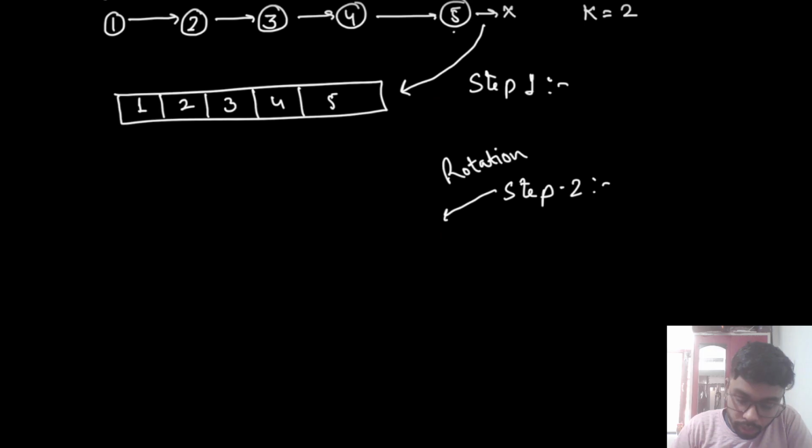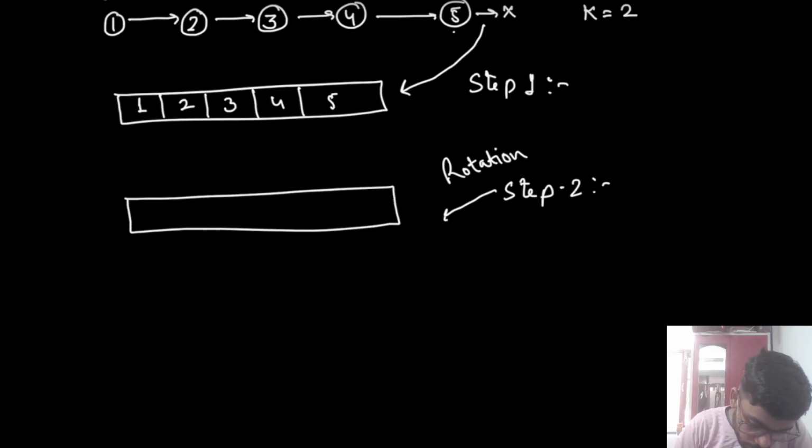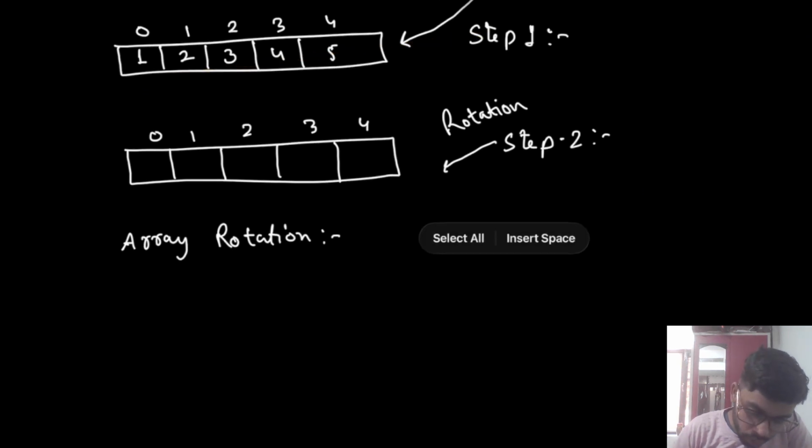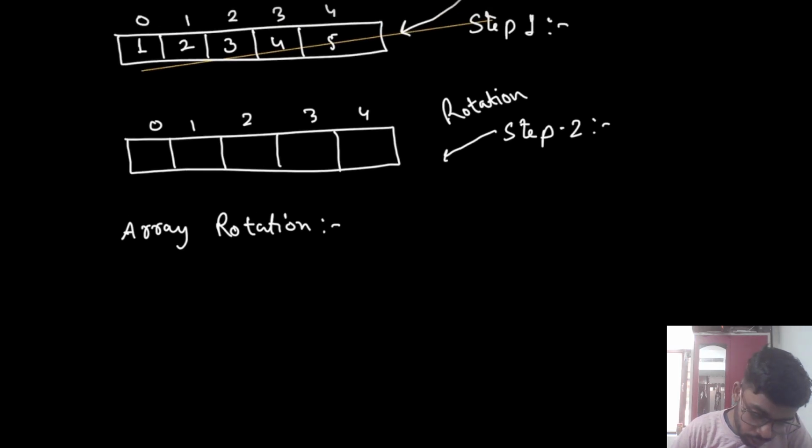For rotation by k places to the right, I will use the algorithm we used in reversing the array, with indices 0, 1, 2, 3, 4. First of all, I will reverse this.